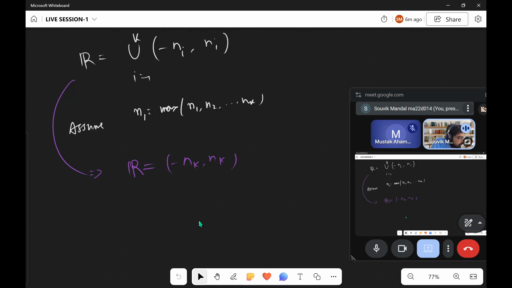But of course, this is a contradiction, correct? So this implies R is not compact. So this is the target, correct? So please let me know whether it is clear or not.